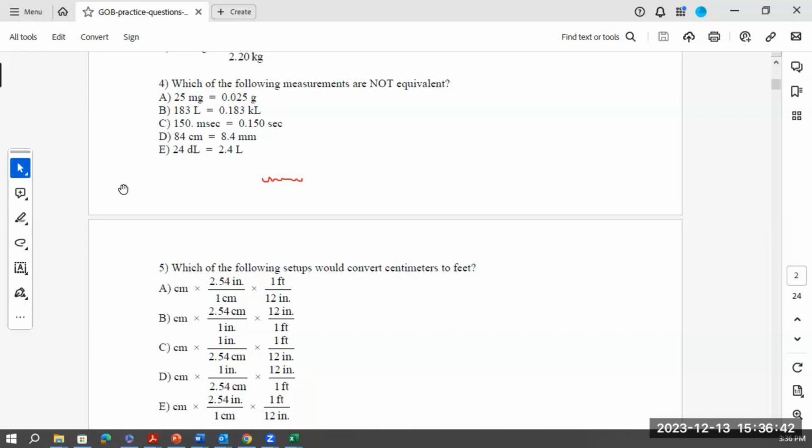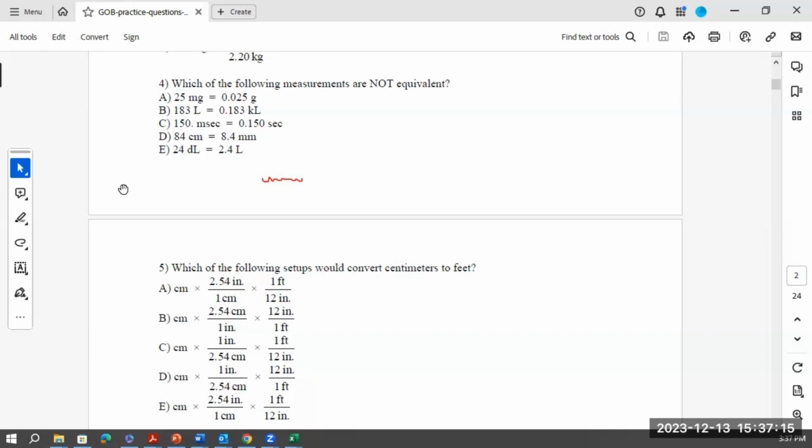So 1 centimeter. Let's see if I can remember this right. 1 centimeter would be equal to how many millimeters? What was that? Yeah, you said 100. Are you sure it's 100? It should be 840 millimeters. That's right. That's right.